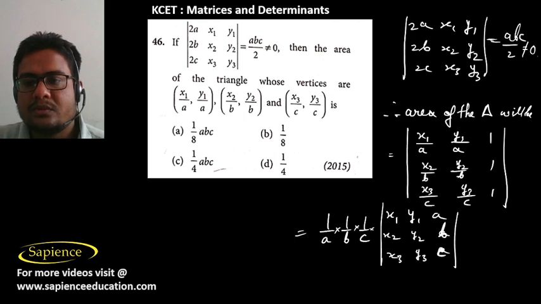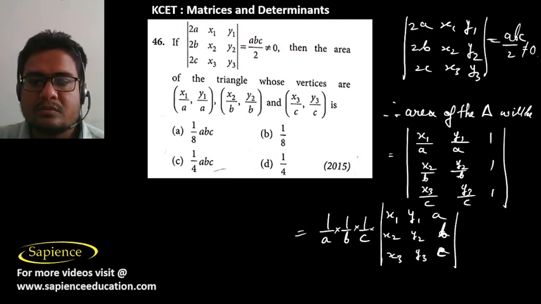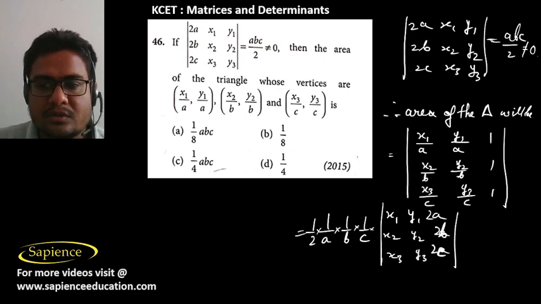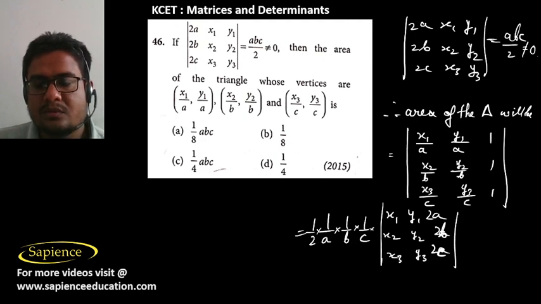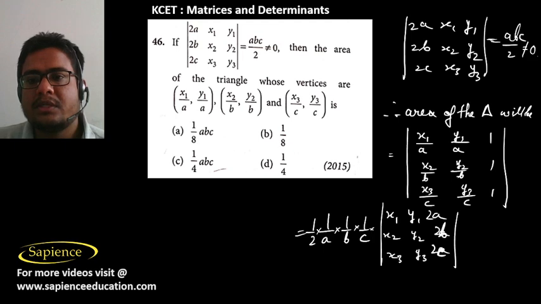Now if we take 2 as common from the third column, we can write it as 1 by 2 times 2a, 2b and 2c. Take half as common from the third column.